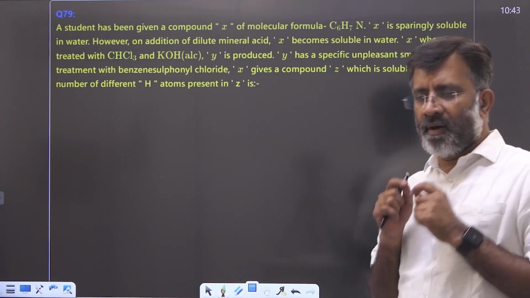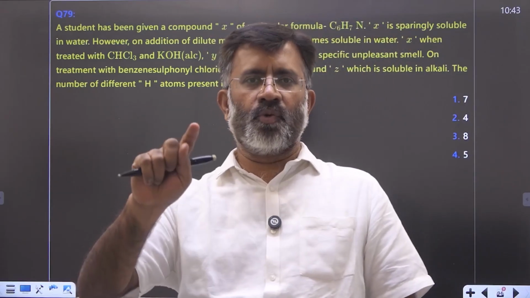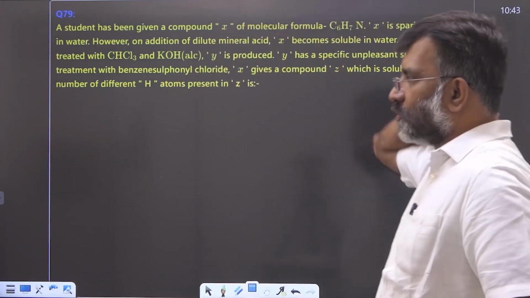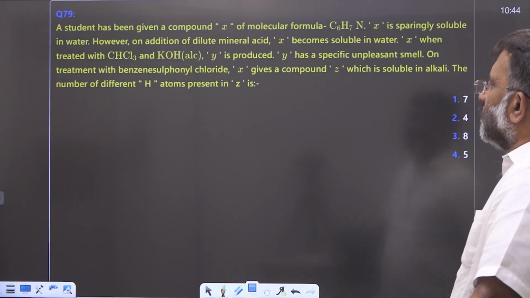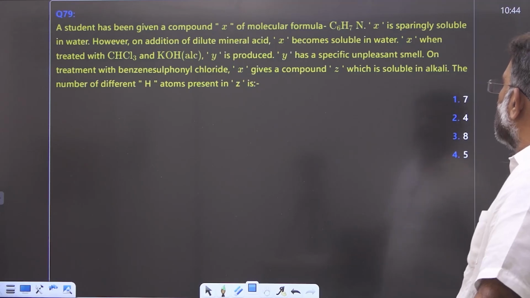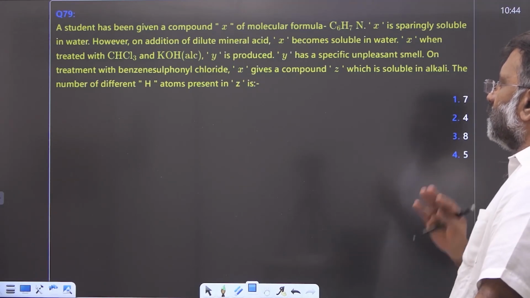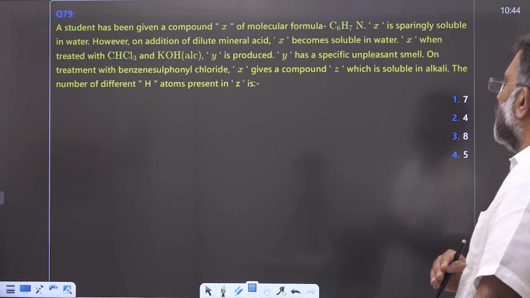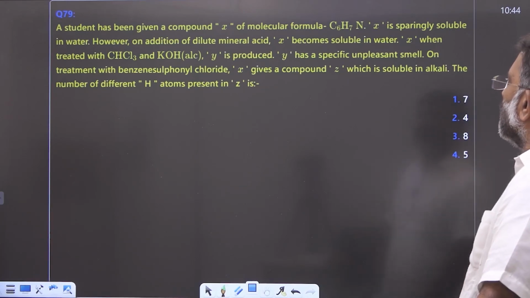That means we are talking about the carbylamine test, so X should be a primary amine. On treatment with benzene sulfonyl chloride, X gives compound Z, which is soluble in alkali. The number of different hydrogen atoms present in Z is?